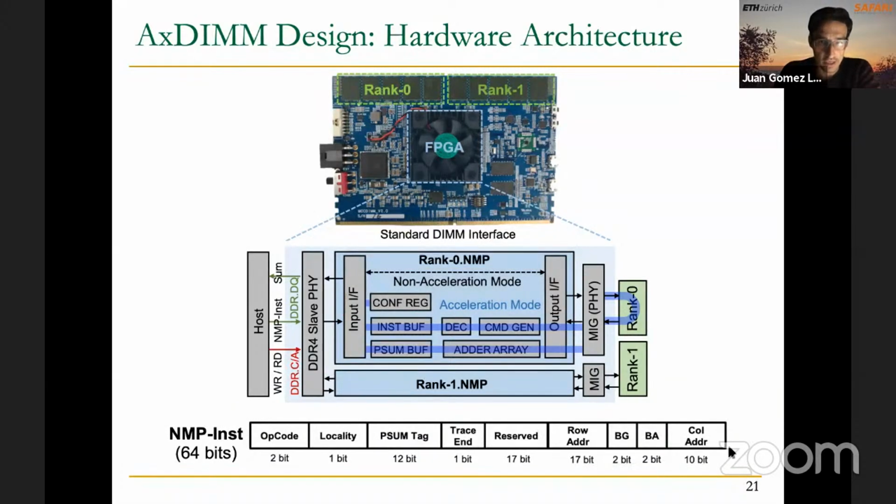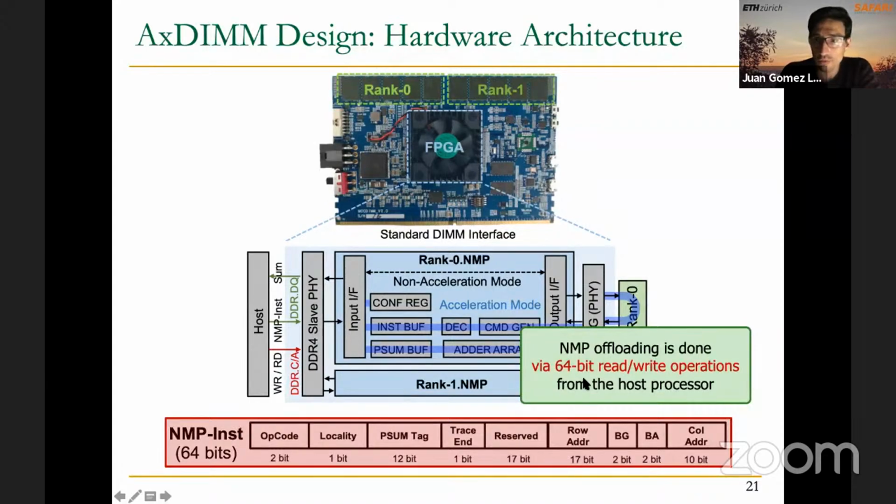Okay, this is the format of the NMP instructions that are loaded into this instruction buffer and later executed onto this pipeline. We can identify some of these 64-bit instructions, and we can identify different fields in this format.